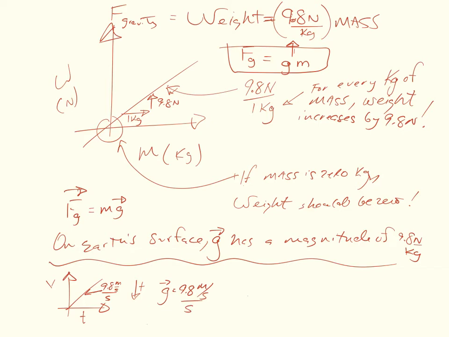Interestingly enough, 9.8 newtons per kilogram is the exact same thing as meters per second squared. Because a newton comes from Newton's second law.